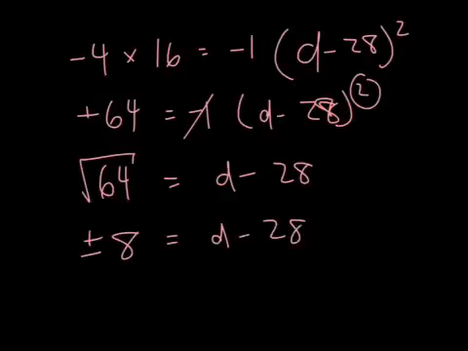Now we take this over here and bring it to the other side, so I'll include it on a new slide. We have plus or minus 8 plus 28 equals d. Remember, we're trying to solve for where the height equals 45.